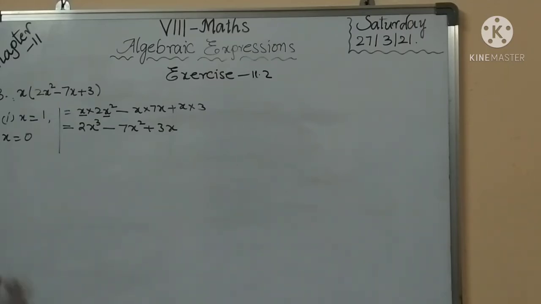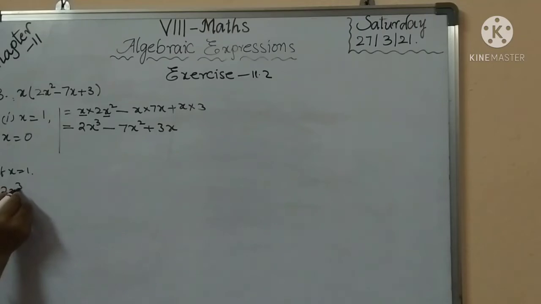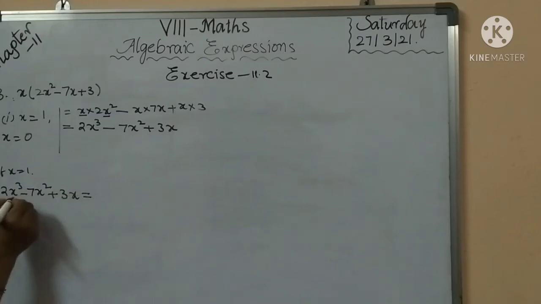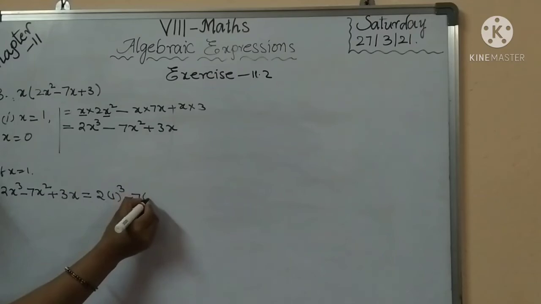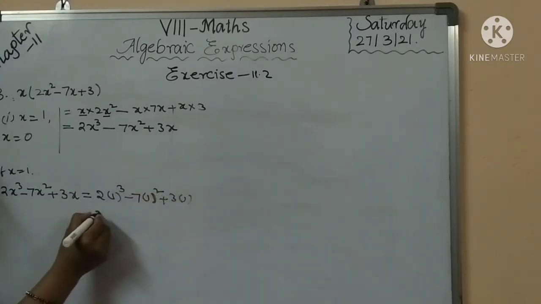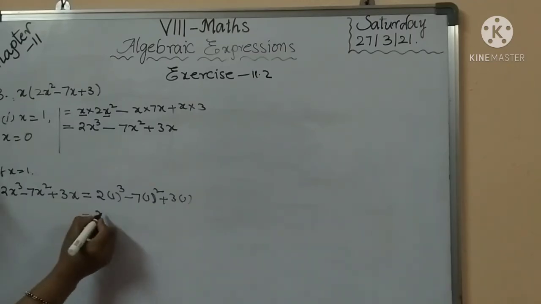Now we will substitute the given values. x equal to 1. If x equal to 1, then find the value. 2x cube minus 7x square plus 3x equals, substituting the x value, 2 into 1 cube minus 7 into 1 square plus 3 into 1. 1 cube means we can take any power, million, billion, trillion, but the value is 1.